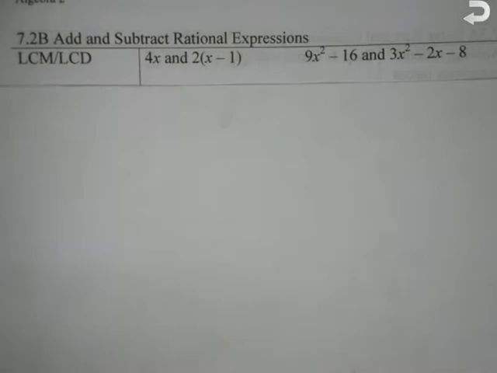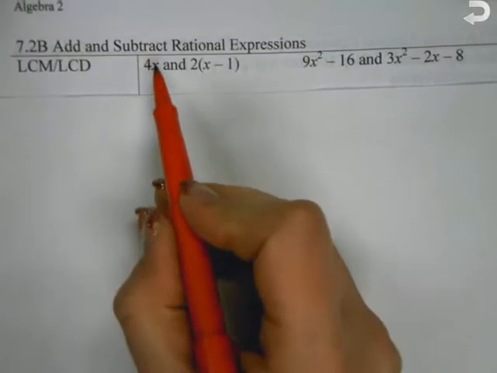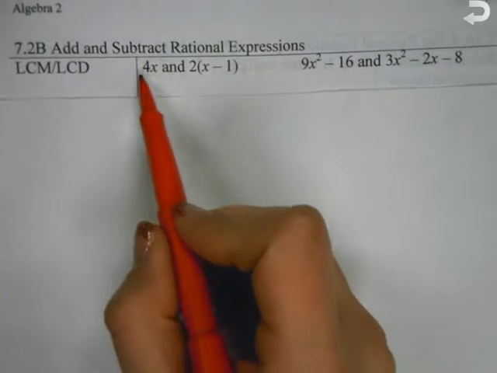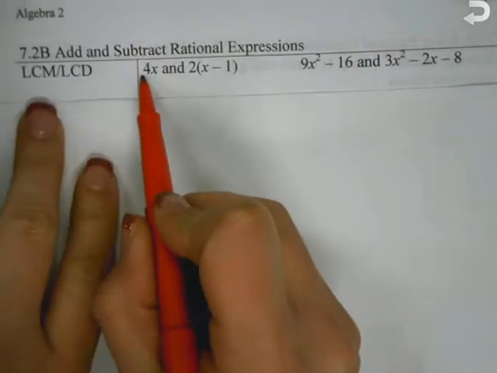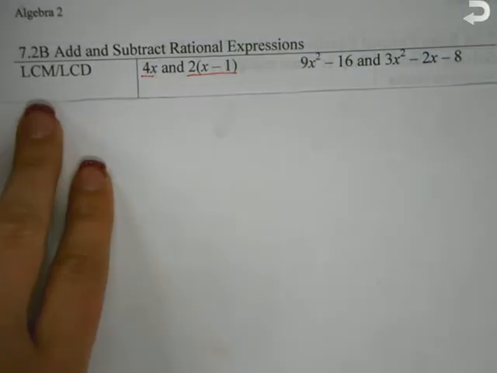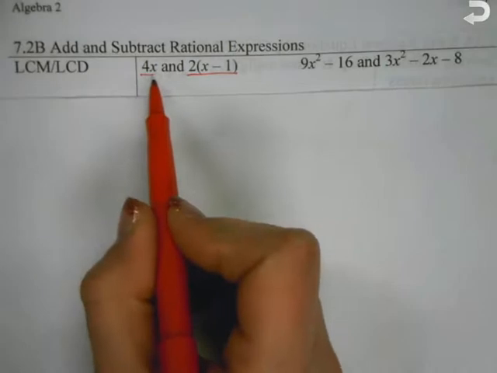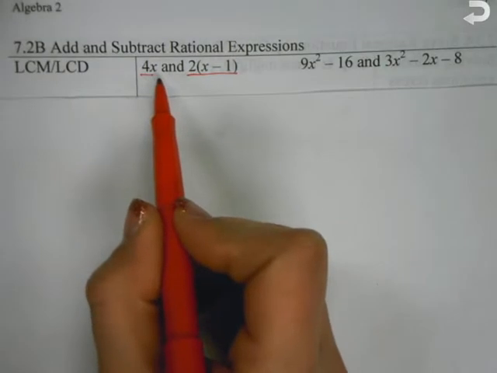Okay? So just some really quick examples to find the LCD of all of these. If I have two terms that are 4x and 2 times x minus 1, I need to find what the smallest common denominator of those would be. Does anybody have any ideas? 2. 4.